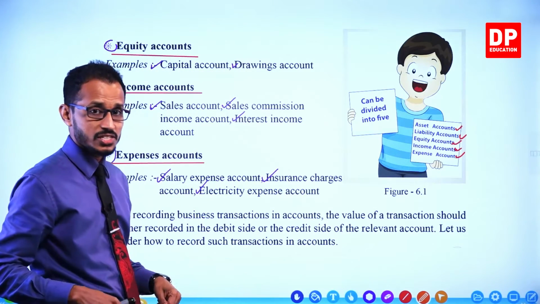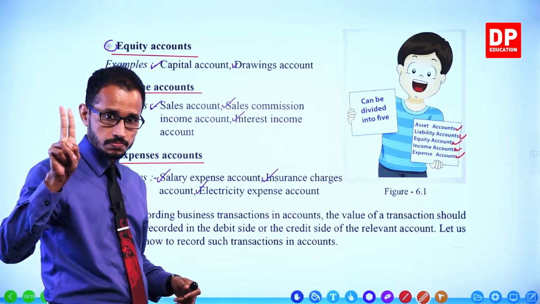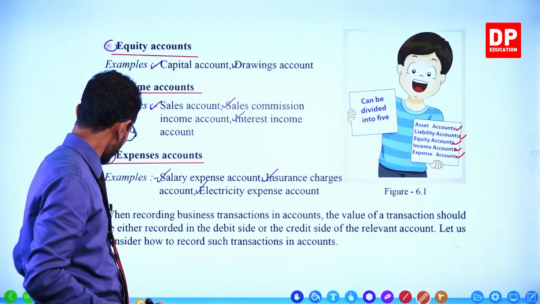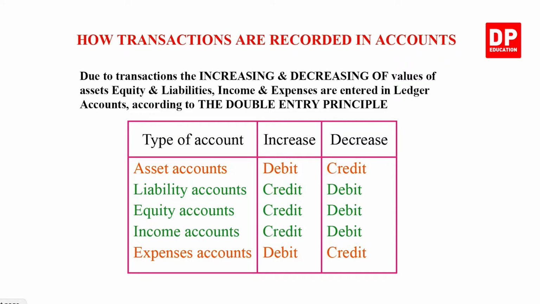How to record transactions, double entries in accounts. What do we have here? It says, due to transactions, the increasing and decreasing of values of assets, equity, liabilities, income and expenses.